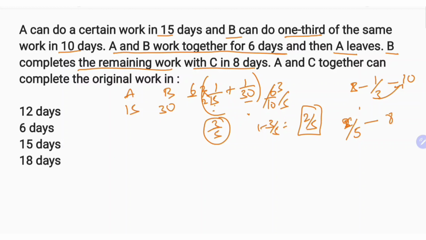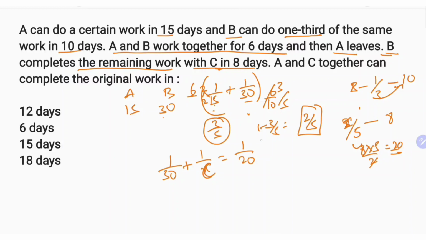That is, these 2/5 of the work is completed by B with C in 8 days. So the total work can be completed in 8 into 5 by 2, that is 20 days. Now coming to the question. B completes the work in how many days? 30. C is how many days? We don't know. B and C complete the work in 20 days. Clear? This value I can take as C, so it is more understandable.